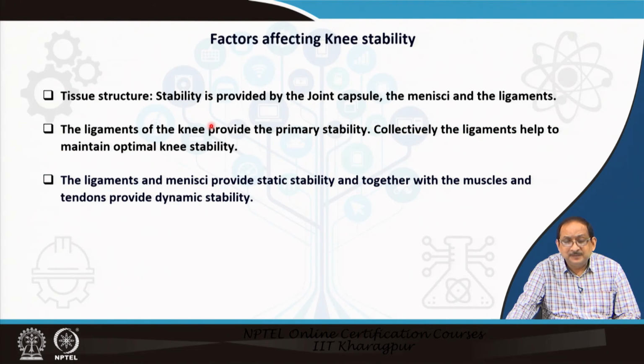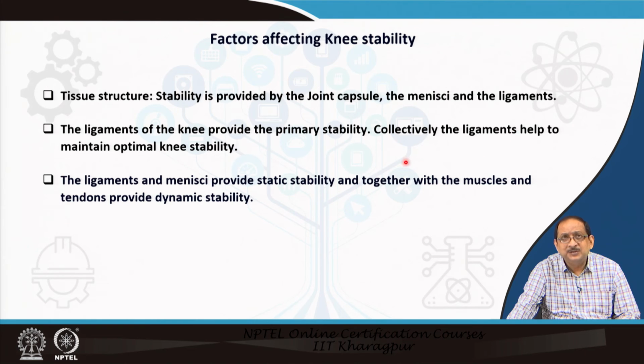Let us summarize the factors affecting the knee stability. The first important factor is the tissue structure. The stability in the knee joint is provided by the joint capsule, the menisci and the ligaments.